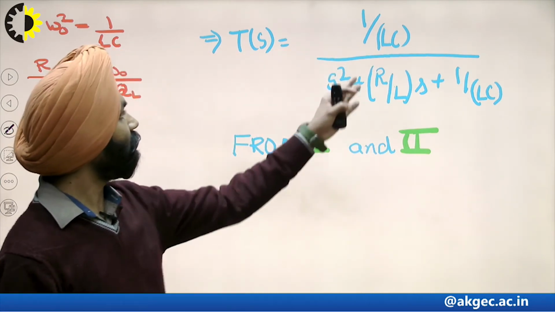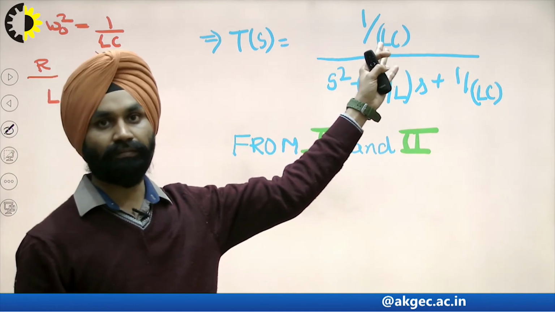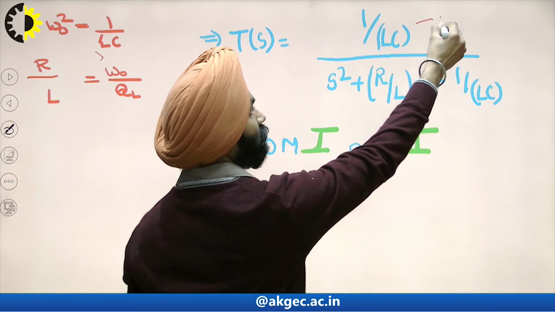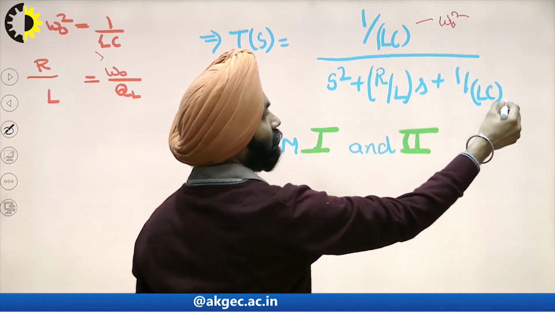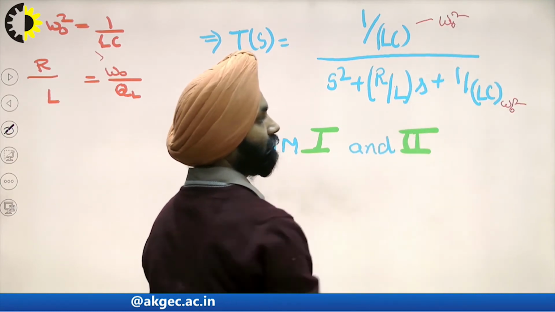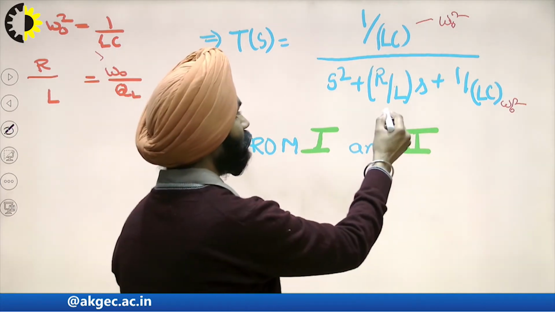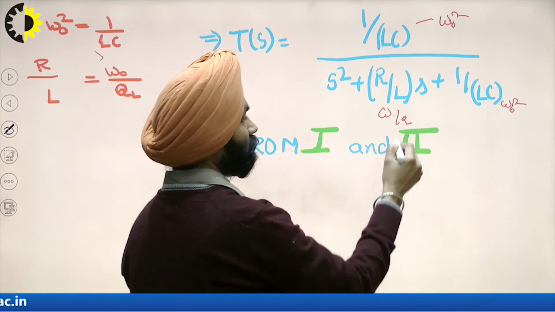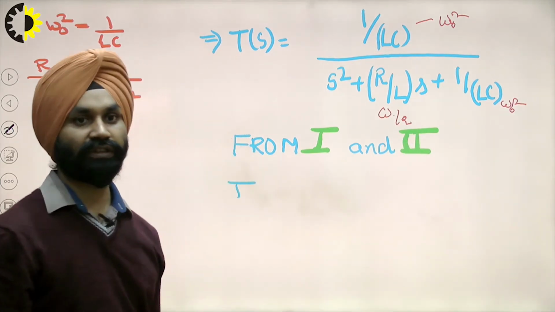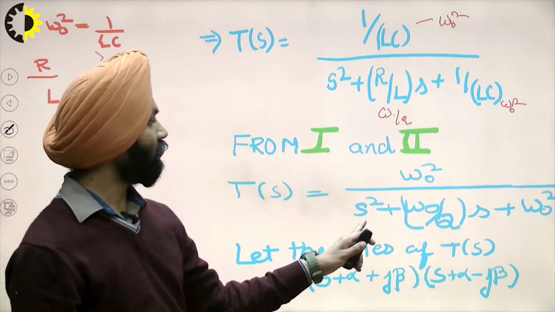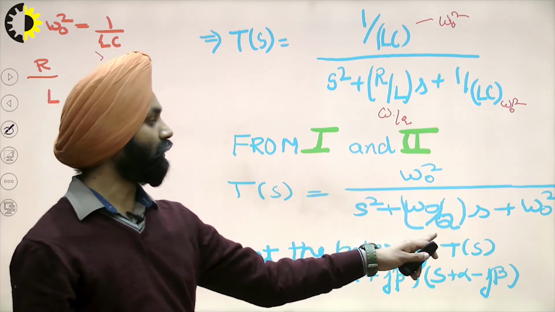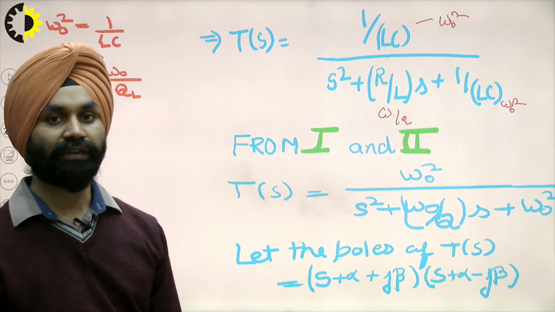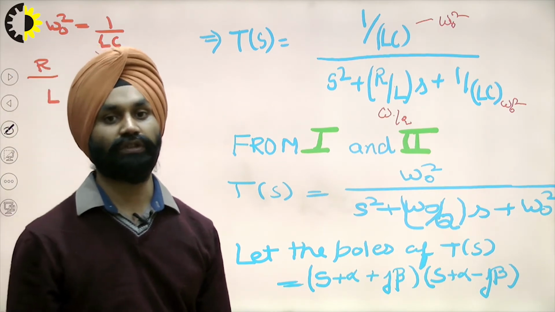So, we can put the value of 1 upon LC as omega naught square, and R by L as omega naught by QL. So, this equation can be given by omega naught square over S square plus omega naught by Q S plus omega naught square.